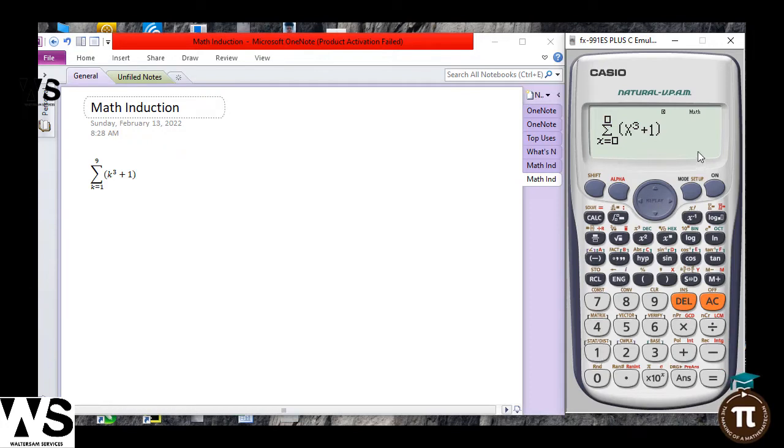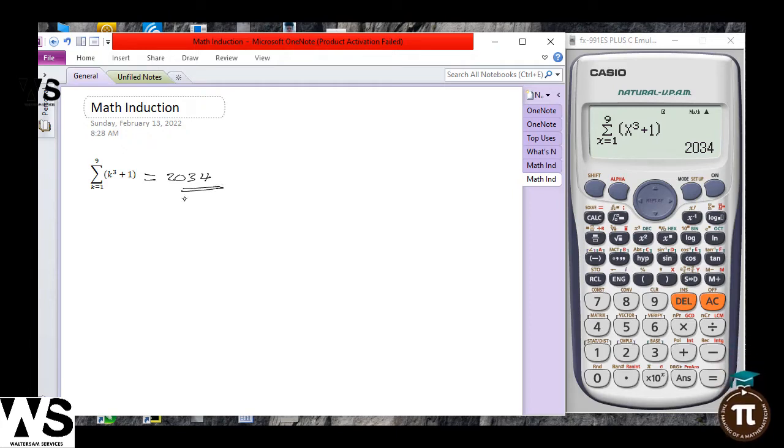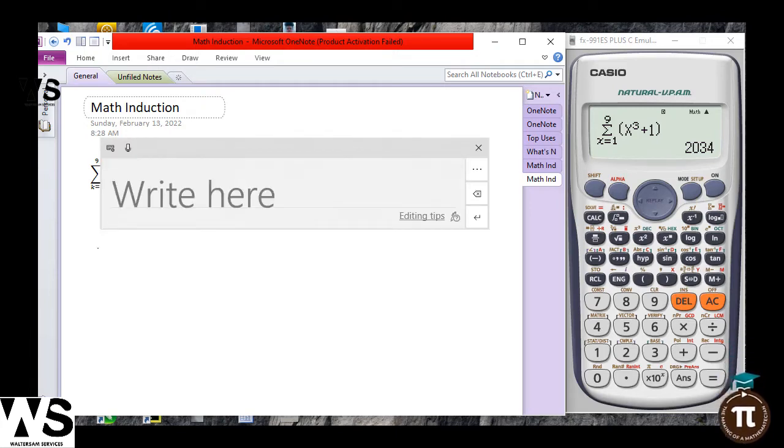So I'll use the arrow key, k starting from 1 to 9. Arrow key up to 9. The next thing I need to do is just press equals. The answer is 2034. So the answer to this question as well is 2034. And that's how to use a calculator to solve summation questions.